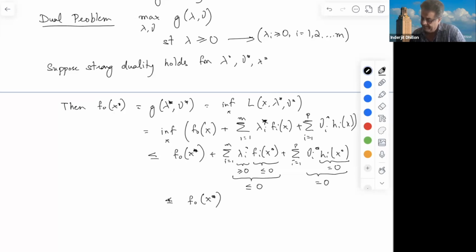So the above two inequalities must hold with equality.